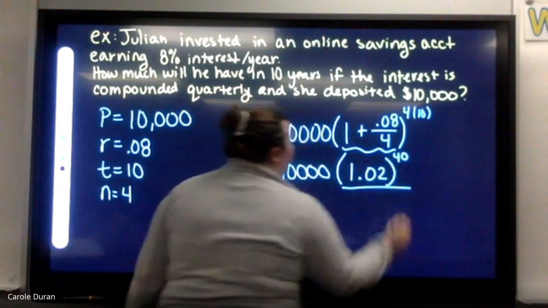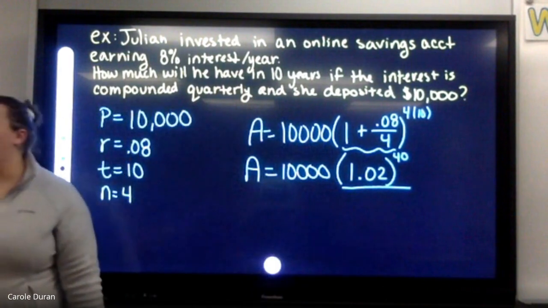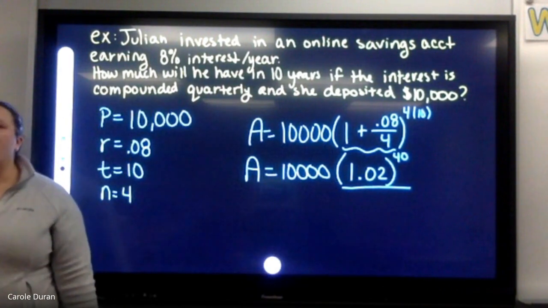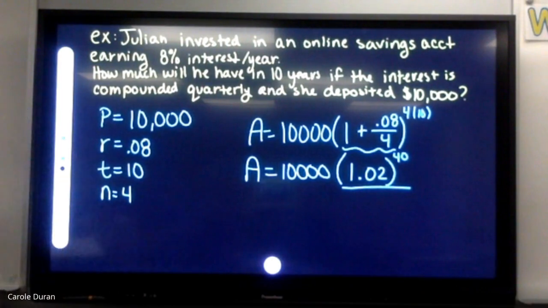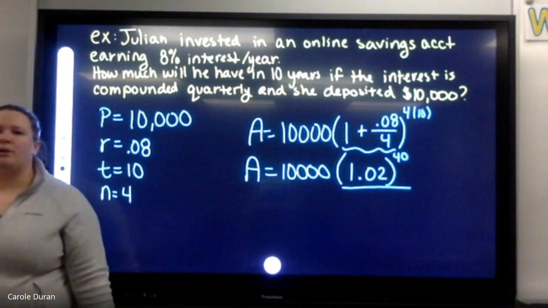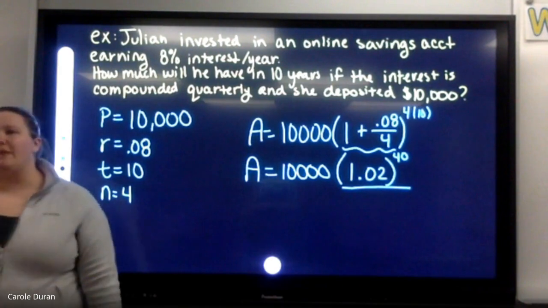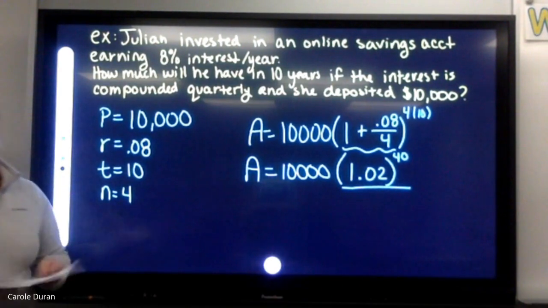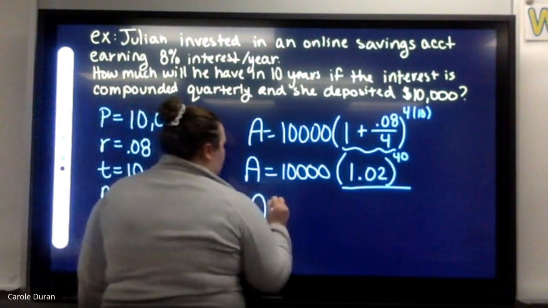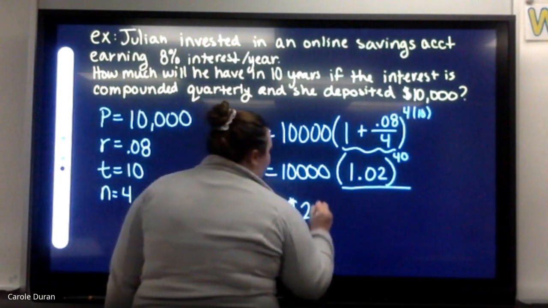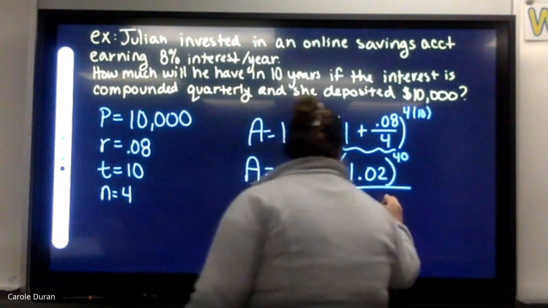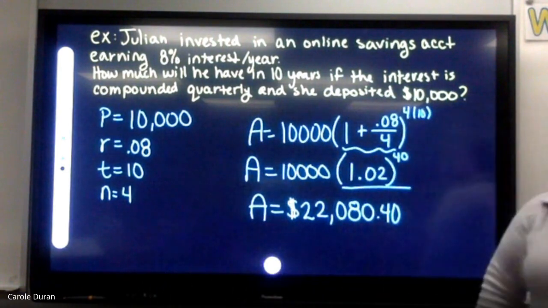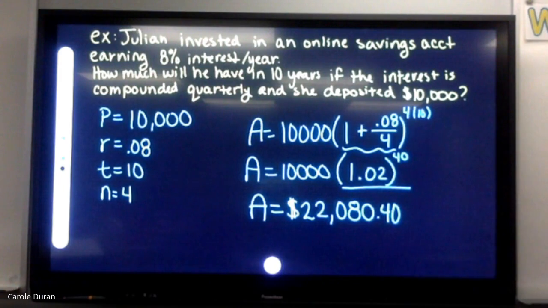I would do 1.02 to the 40th first, and then multiply your answer by 10,000. If you try to do too much at one time and you don't have parentheses in the correct spot, or you plug it in wrong, it's going to mess you up. 22,080.40. After 10 years, she would have $22,080.40.